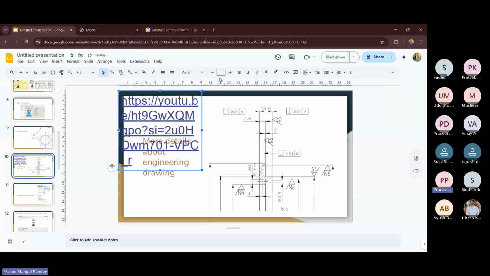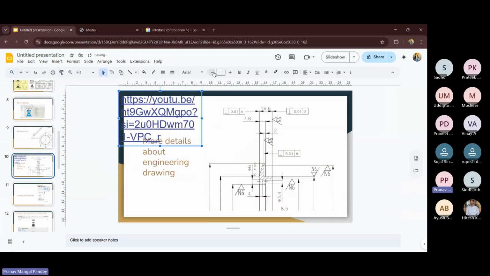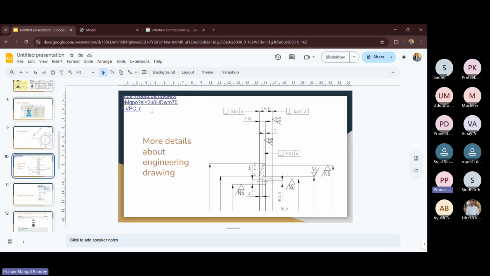I'm attaching it here. In this video, a lot of things are told about how to draw your designs. Even what all these perpendicular marks or 0.01 mean is shown. How do you show how many screw holes there are? Like you can see there is a six written here. All those things are also in the video itself.